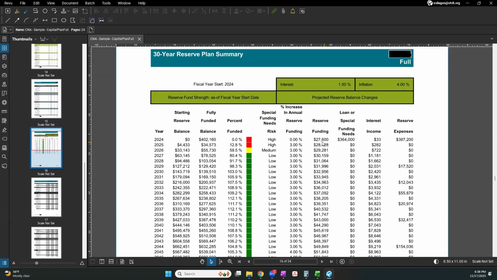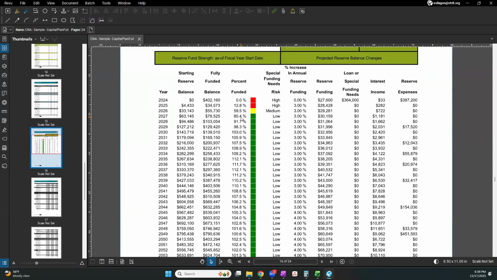And so our contributions are going to increase by 3%. We will start gaining more interest. We won't spend anything for 2025, and so we have a greater balance in 2026. And so that's kind of how you read the report.